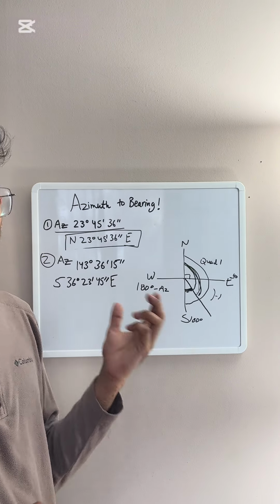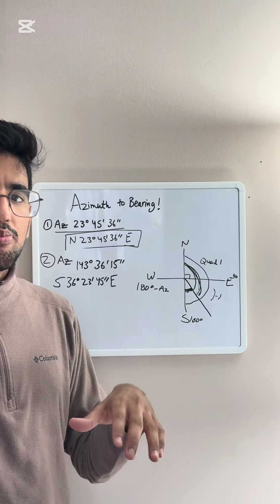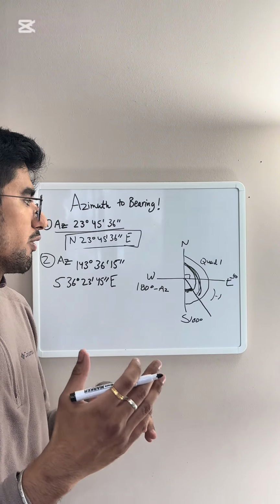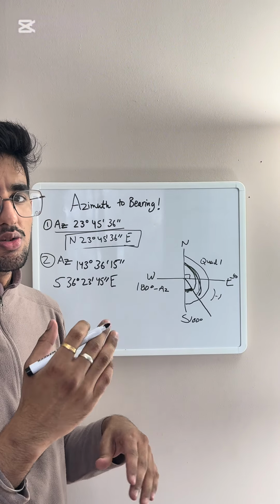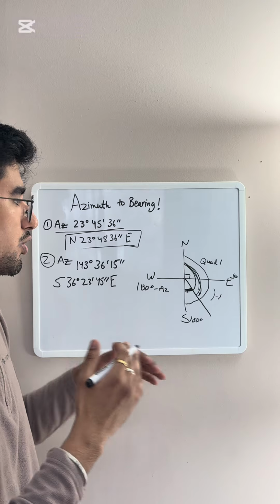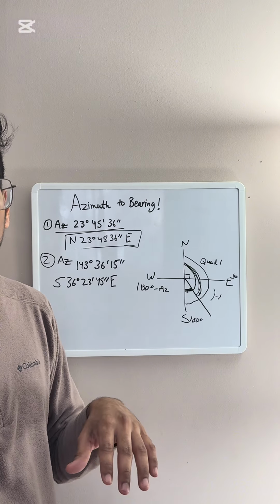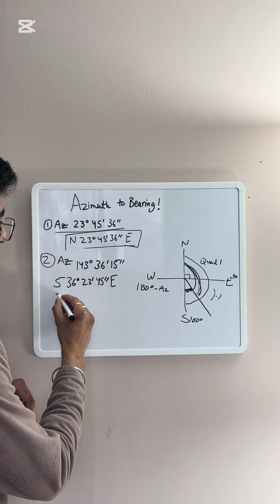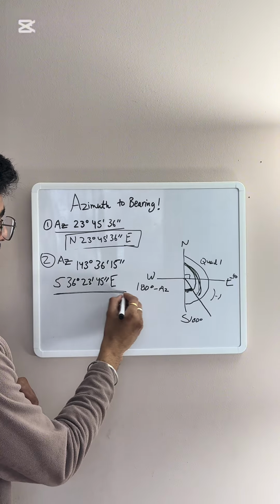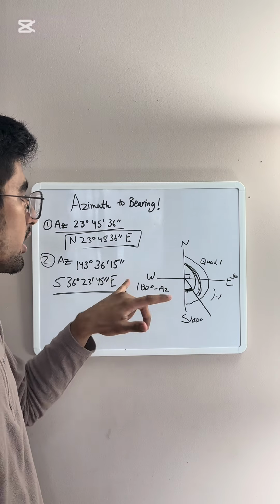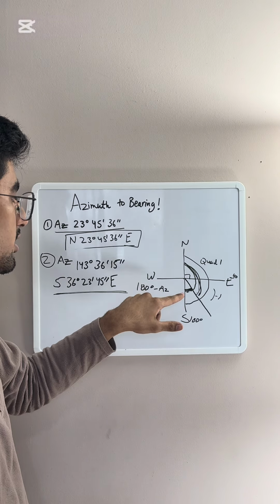I did this on the calculator already. I will put up some videos on how to convert degrees, minutes, seconds to decimal degrees and vice versa, and how to do the maths on the calculator, in later videos.